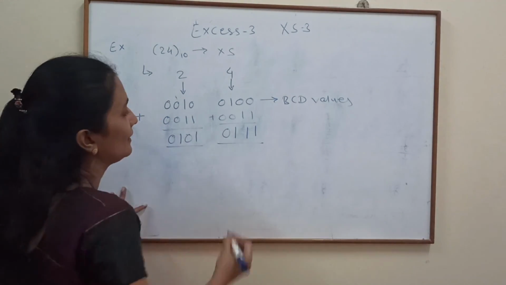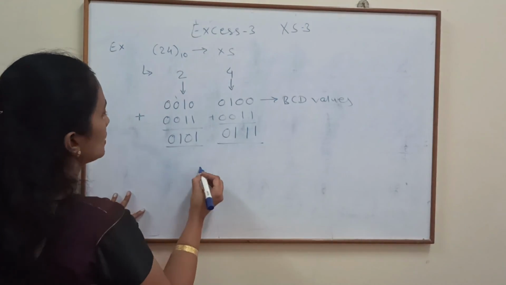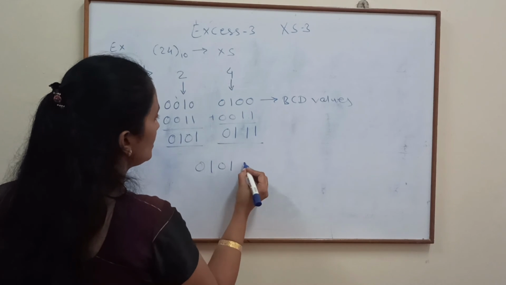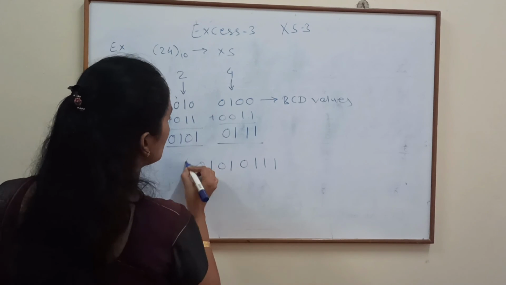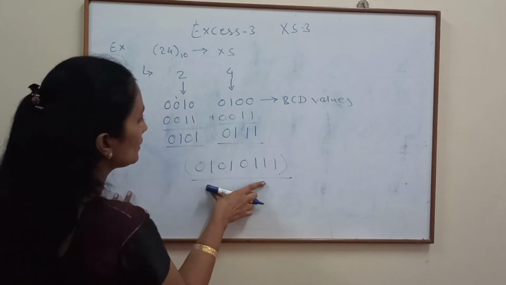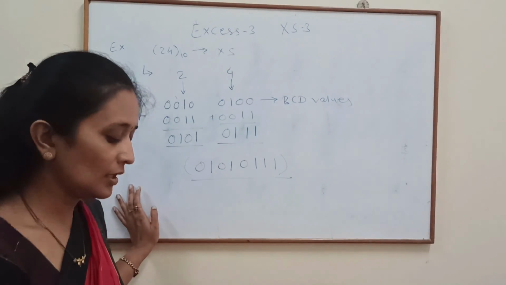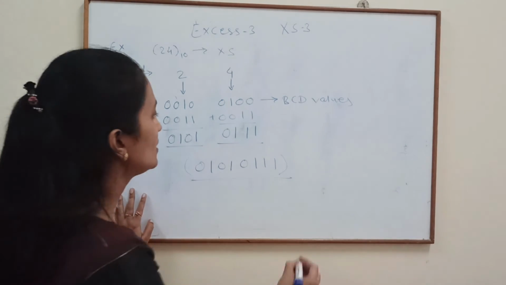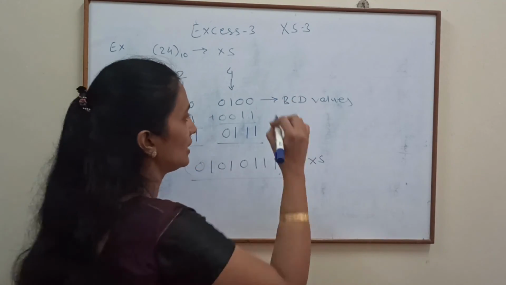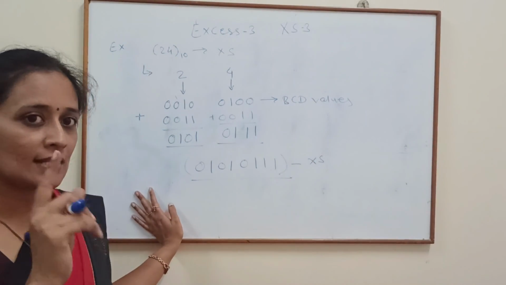Now if you combine these two digits, 0101 0111, this is nothing but the XS equivalent of decimal number 24.